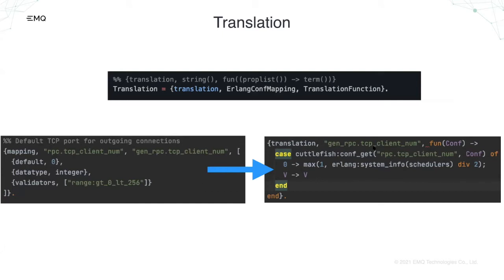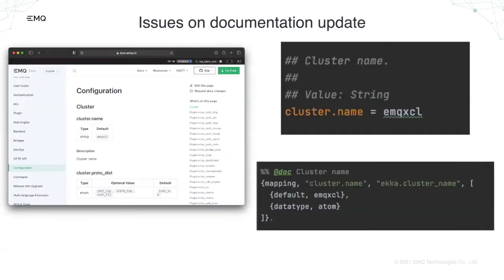The last element is a function that takes in a prop list representing the config file and returns an Erlang term. This Erlang term will be the value of the mapping, in this case, gen_rpc.tcp_client_num. So this is how we convert a config file into a prop list in Erlang.